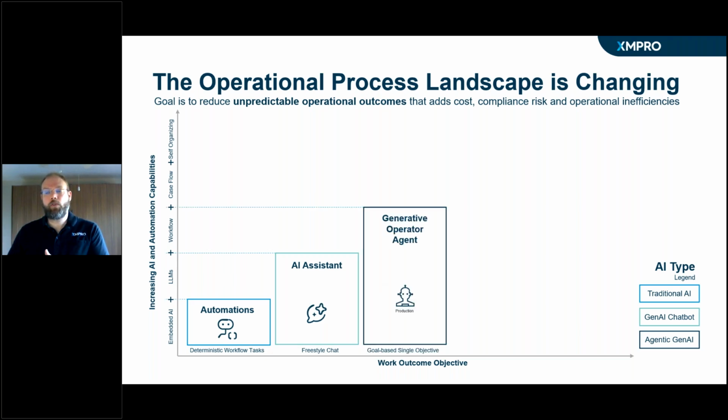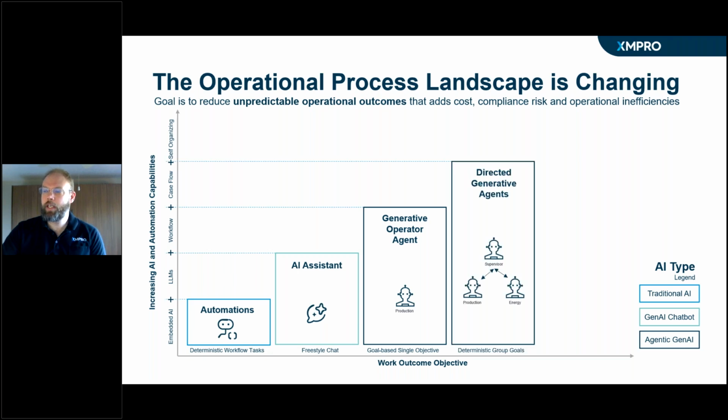If you remember the prior visual, as we start going towards the more autonomous on the far right, you start moving into the area of generative agents. So how do I have a goal-based single objective agent? That will in turn move into how do I have group goals? So how do I have an agent that looks after specific things?